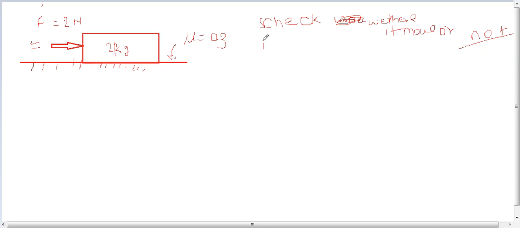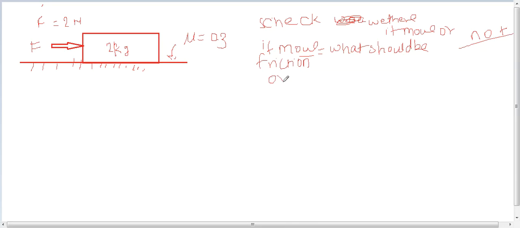if it moves, what should be the friction?